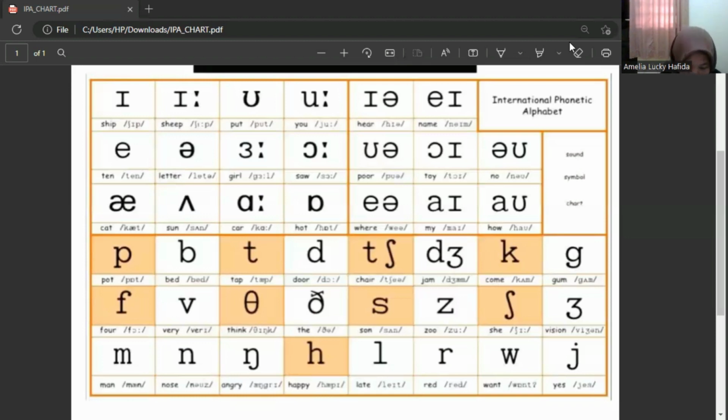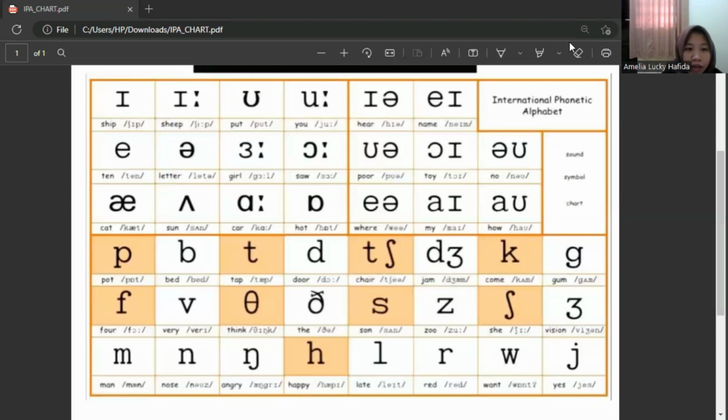Next is the long vowel, as in girl, girl, girl. Next is long vowel o, as in show, show, show.